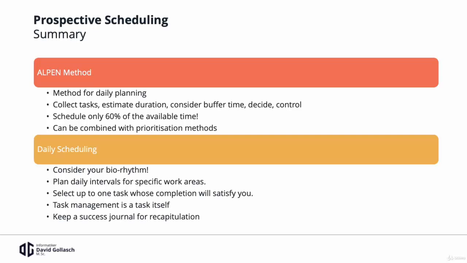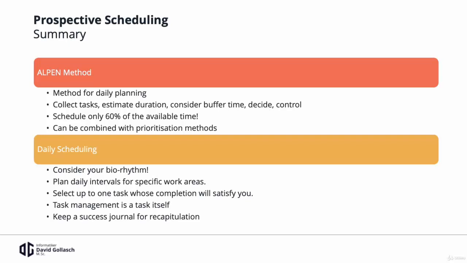And secondly, we talked about daily scheduling techniques. So by considering your biological rhythms, so by using the performance peaks of the day, it's important to plan your daily intervals for specific work areas or areas of life, of course, to consider your different roles in life and selecting just one single important task for each of those life areas or roles that you are in.